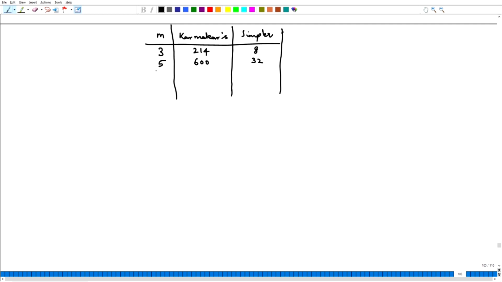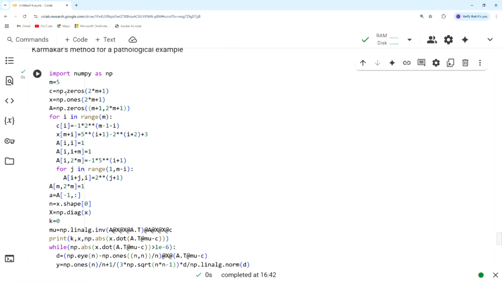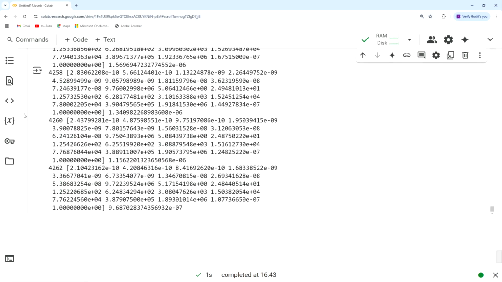Let us do it for a slightly higher value, say 10. For m equal to 10, let us see how many iterations our Karmaker's algorithm takes. It has taken 4262 iterations. Again you can see that the first 4 are 0, the next 4 are 0, this is 0 and this is something very high.